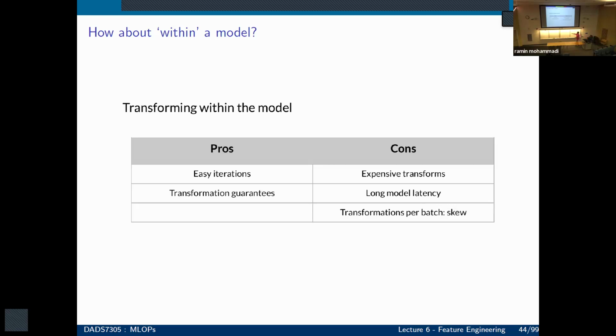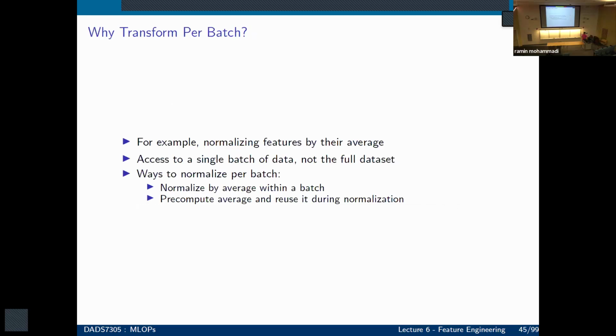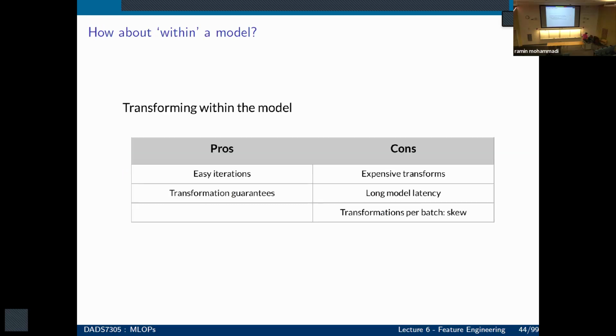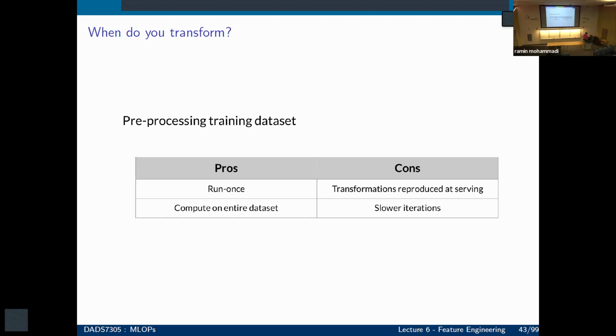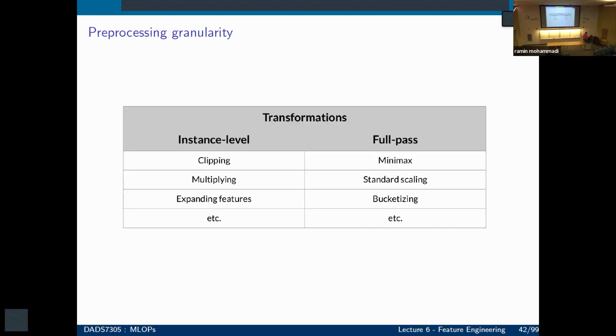Previously you had your data pipeline doing parallel processing, but now everything needs to happen together, so it becomes slower, and you can also get transformation skew per batch, because it happens across a batch. So it's your decision whether you want to do it outside of your model or inside.